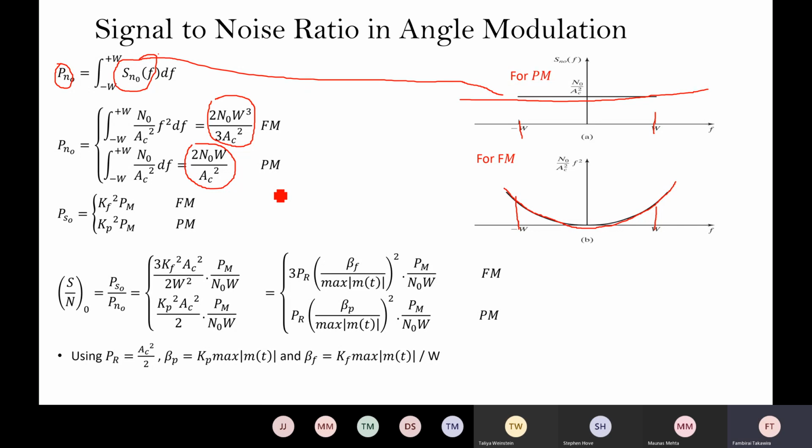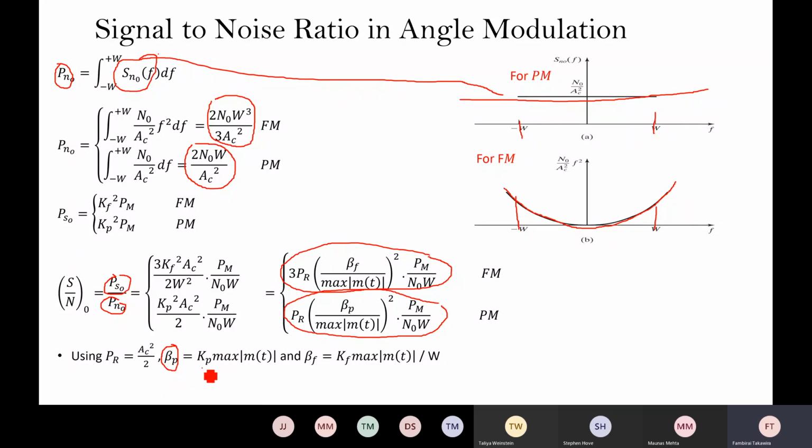Obtaining the signal to noise ratio at the output as the power of the desired signal component divided by the power of the noise, we end up with this expression for frequency modulation, which again is going to be given on your formula sheet, and this expression for the signal to noise ratio for phase modulation.